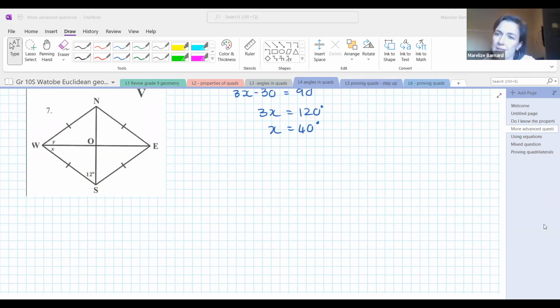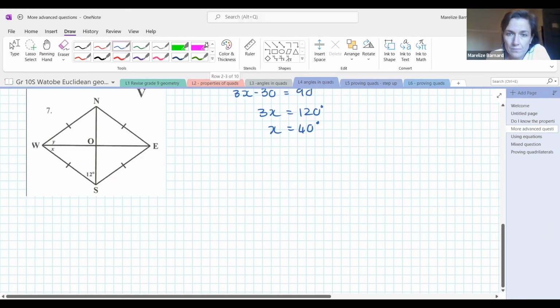Okay, start putting your answers in the chat if you have a value for X and Y. One hint I can give is that this is not a square.